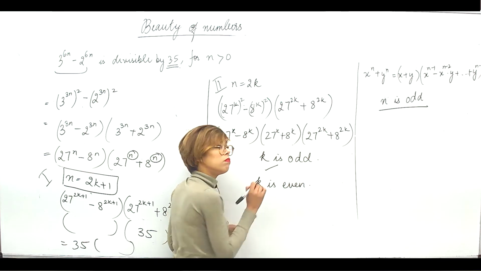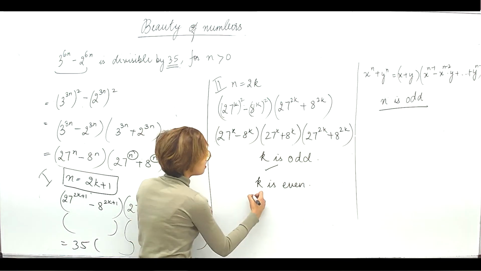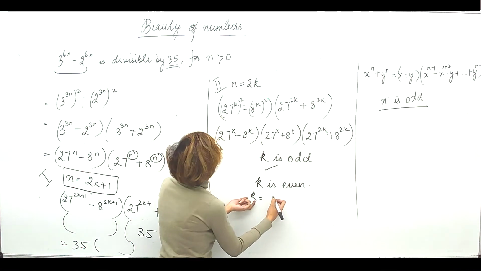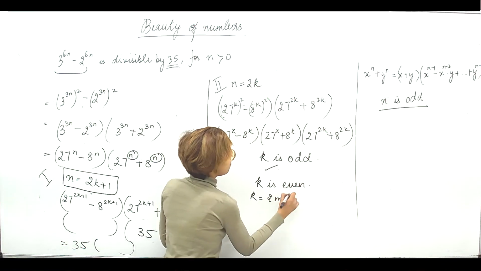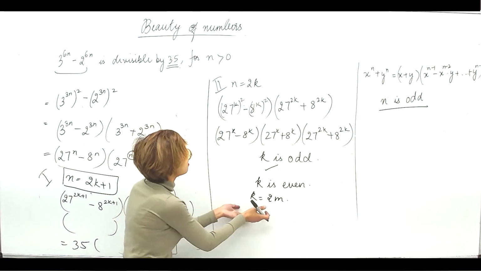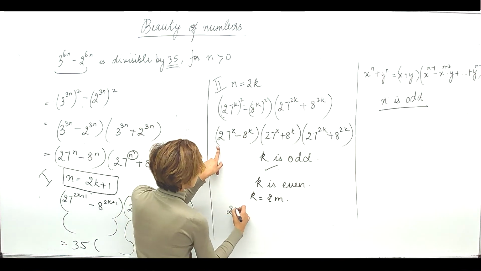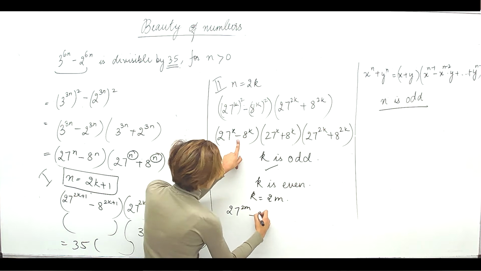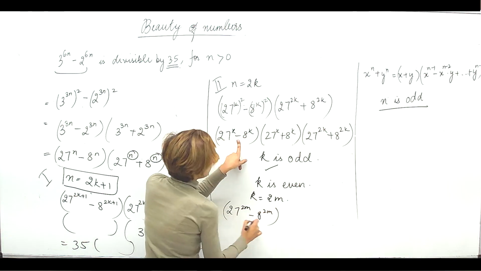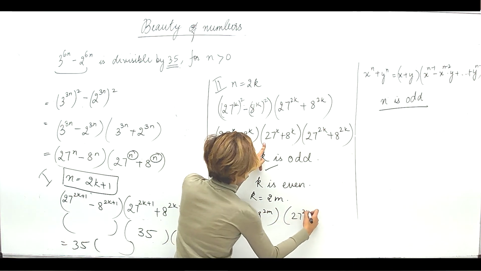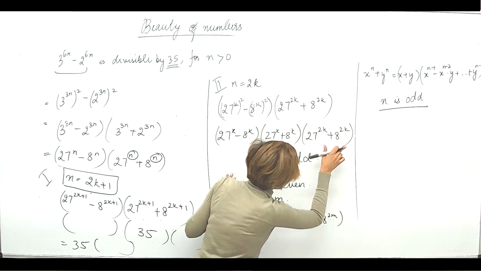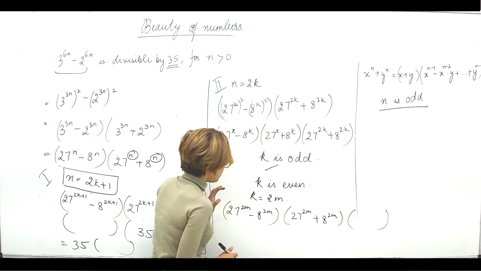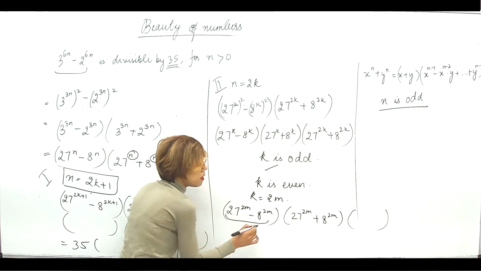Absolutely fine. Again, what you will do is substitute k as 2m. So you get 27 raised to power 2m minus 8 raised to power 2m, into 27 raised to power 2m plus 8 raised to power 2m, into this quantity. Again, how will its factors be made? Right?